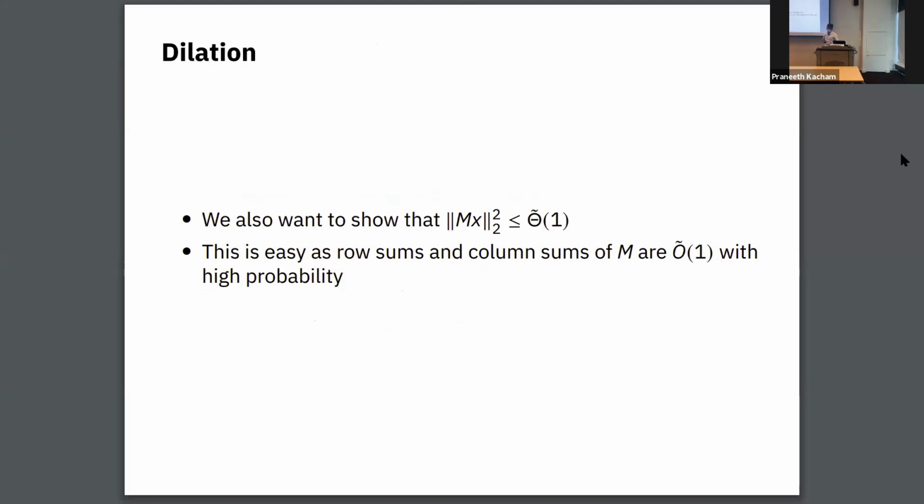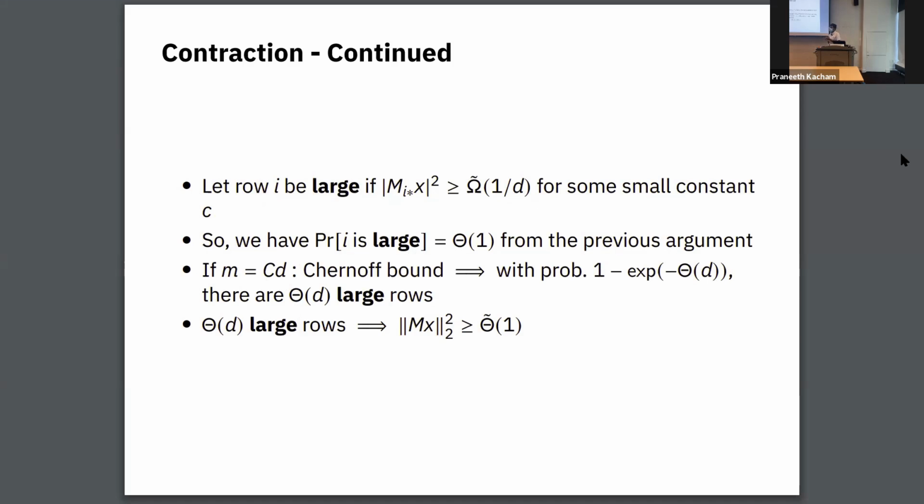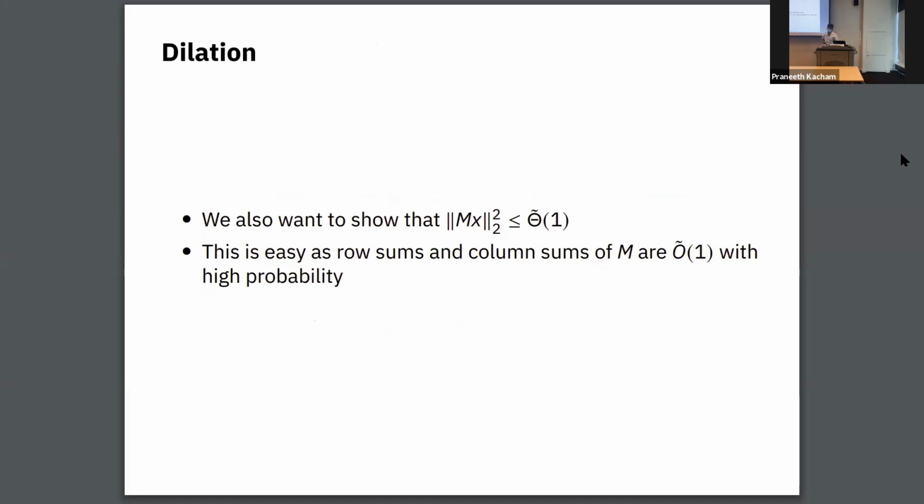And we showed one side of our required guarantee, that is, Mx squared must not be too small for a unit vector. It turns out the other side, that Mx squared is not too large, is pretty easy to show. Just because M is very sparse, it is easy to show that it doesn't blow up the operator norm, the Euclidean norm of any vector x that it is applied to.